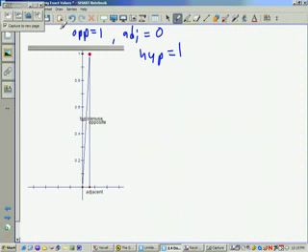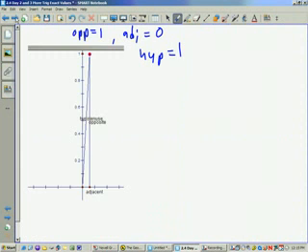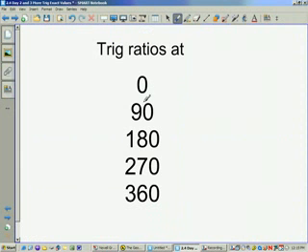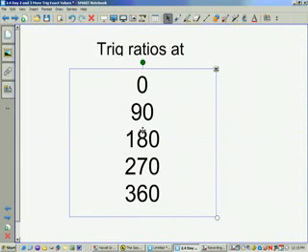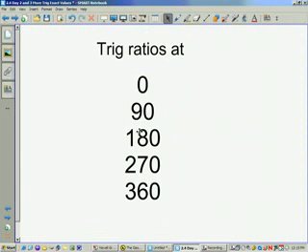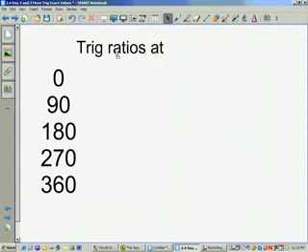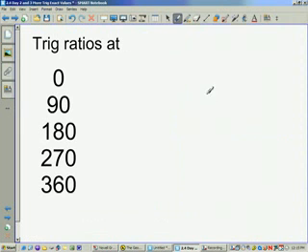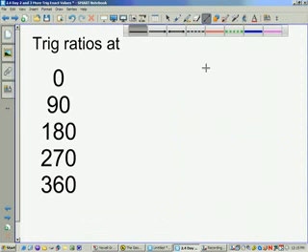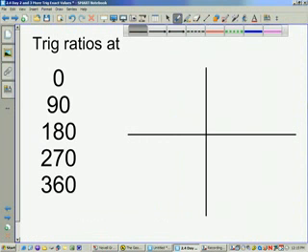So let's try to put this all into one table. Let's move this over. Over here we have opposite, adjacent, and hypotenuse.